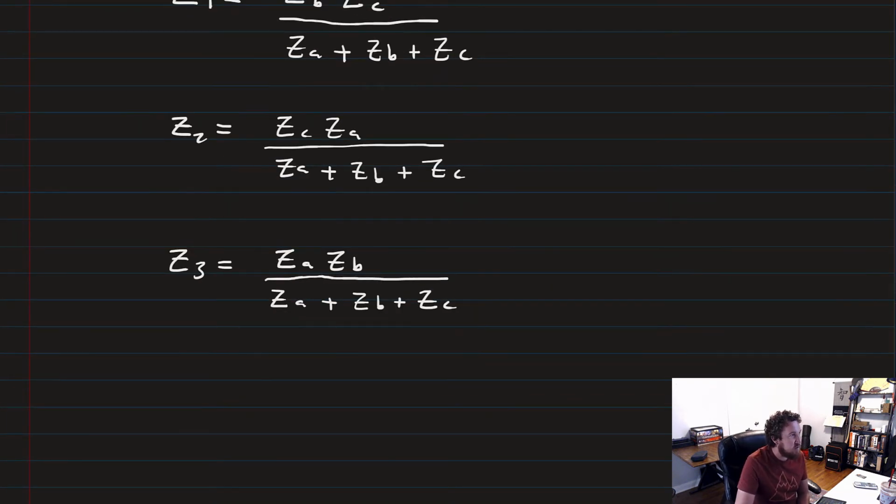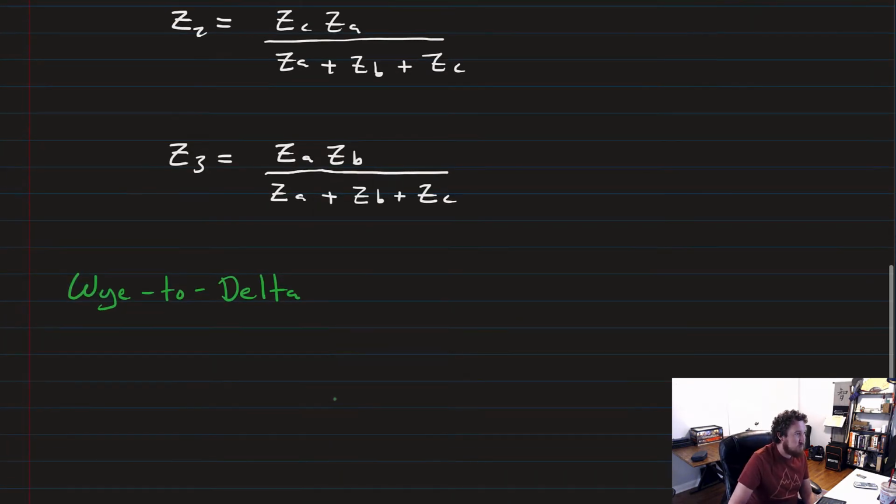So now on the flip side, let's flip it over. If we want to go the opposite direction, we want to perform a Y to delta transformation. We also have some pretty simple equations, and it's sort of just in reverse.